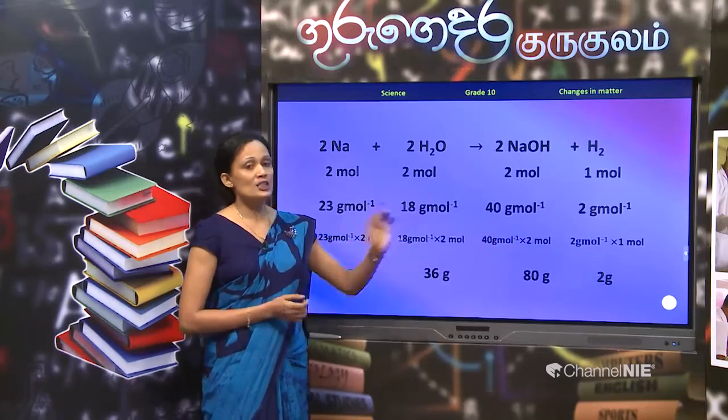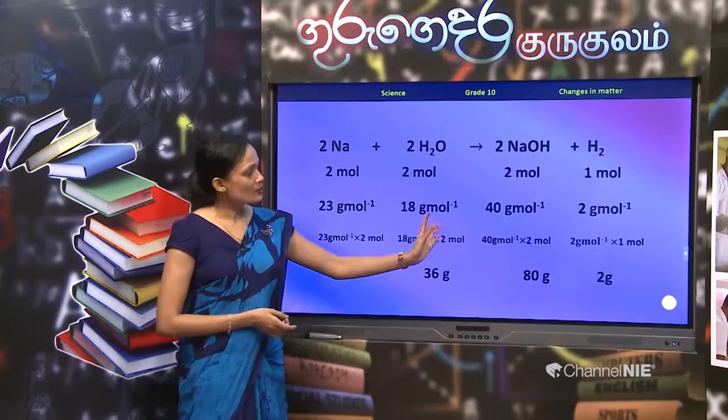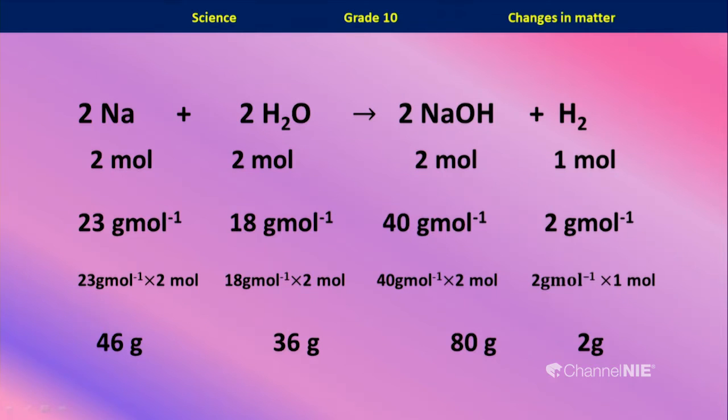Then the hydrogen gas, 2 grams per mole into 1 mole, that means 2 grams. So it is clear to you. By using the balanced chemical equation, we can find the mass of the reactants and also the mass of the product. Now look at the question.